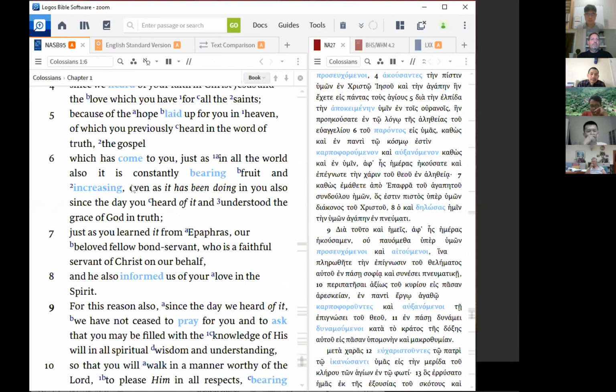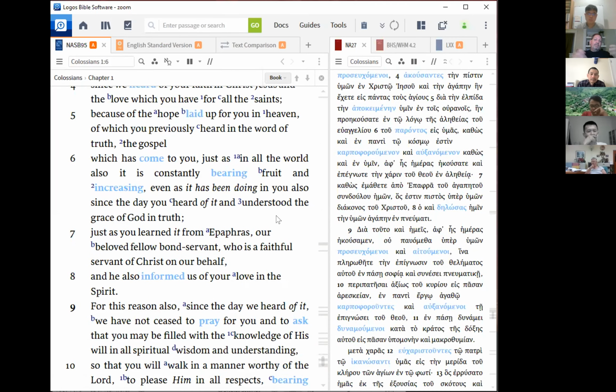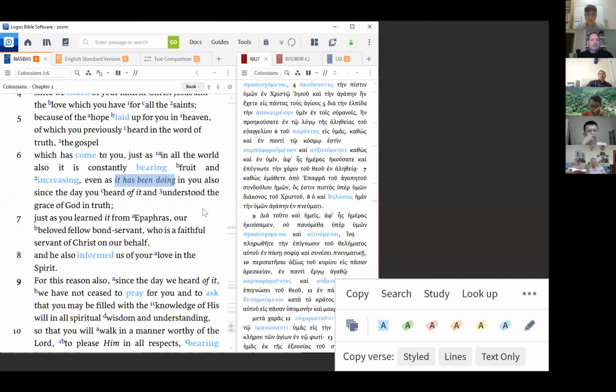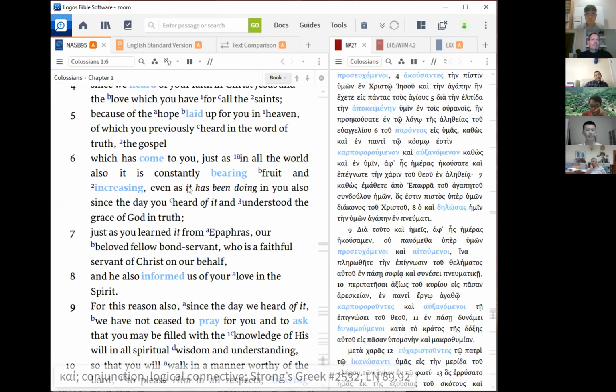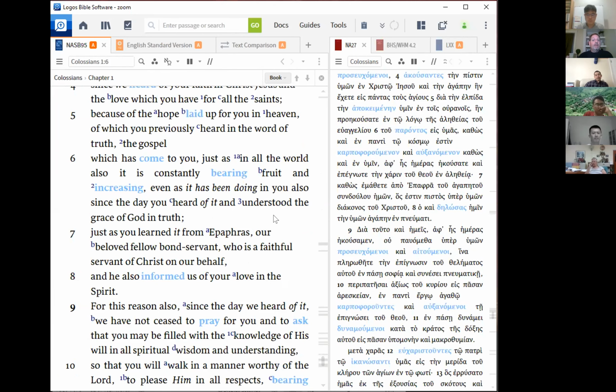So literally, it would be just "even as in you." Well, the idea is "even as it has been doing in you." So they added in this clause just to make the translation more clear. But literally, you can read it, "bearing fruit and increasing, even as in you." Well, even as what? Even as it's been doing in you.